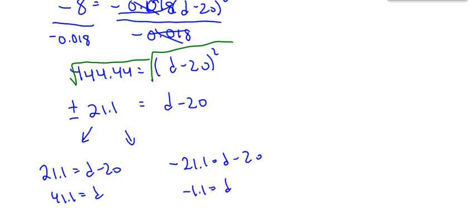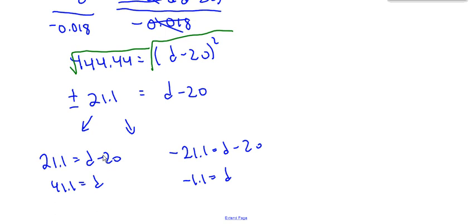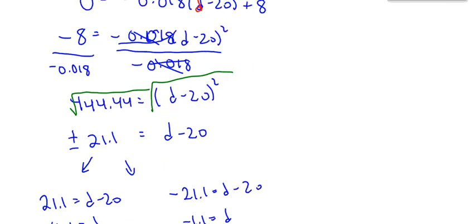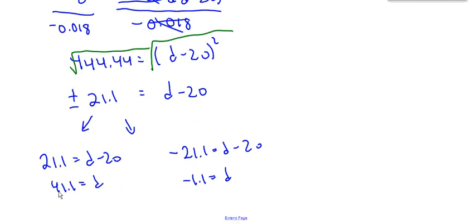So I've got two algebraic answers. The height of 0 occurs when the horizontal distance is 41.1 meters, and when the horizontal distance is negative 1.1 meters. Now that negative doesn't make much sense. The ball didn't go backwards by 1.1 meters, so this is an inadmissible answer.